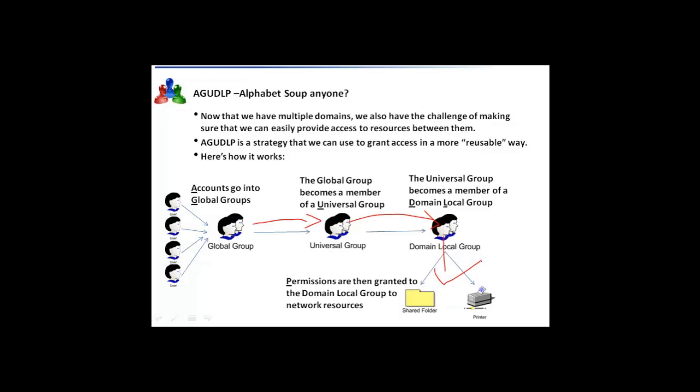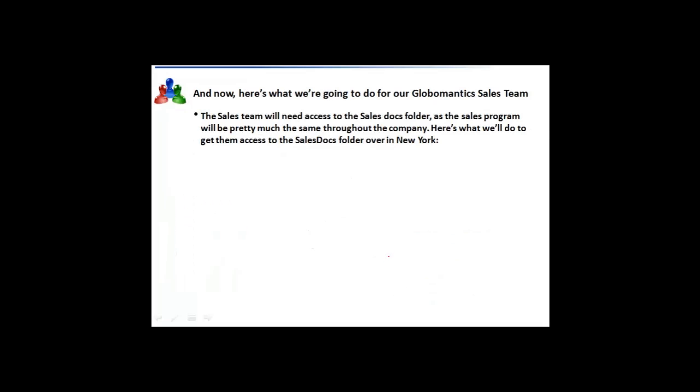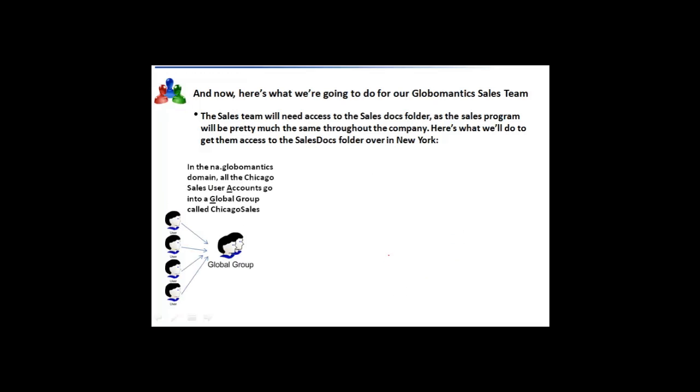We don't have this domain global group assigned there, this domain global group assigned there, this domain global group assigned there. The universal group is basically a basket holder for all the global groups that you want to assign to a particular share.